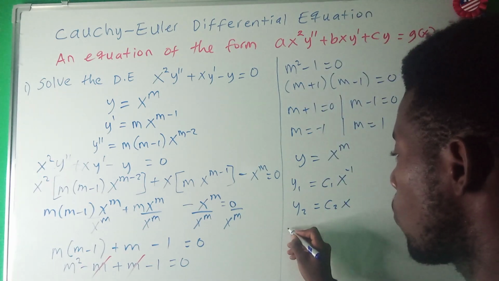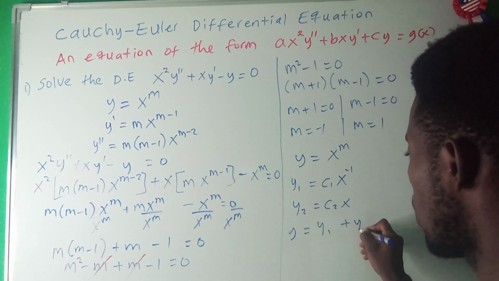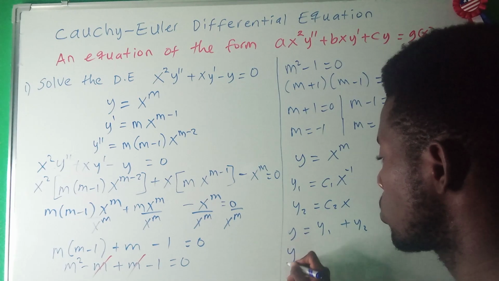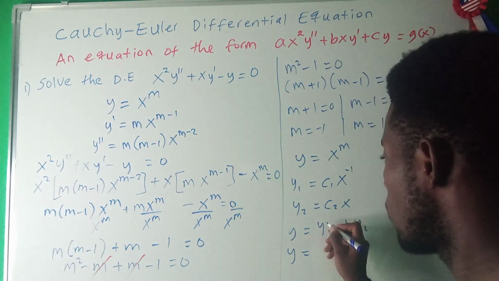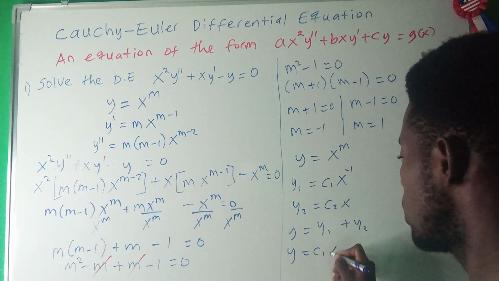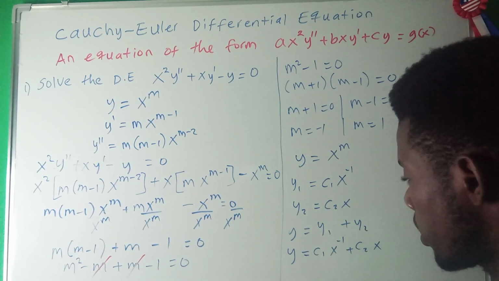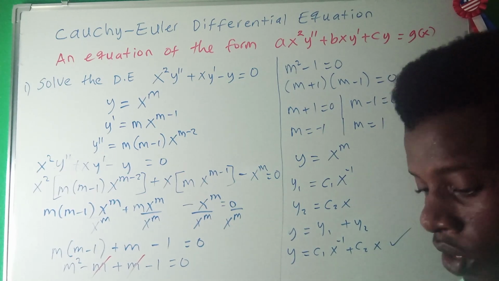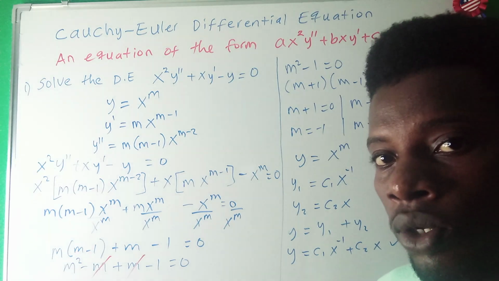So we have y is equal to y1 plus y2. So finally, the solution to this Cauchy-Euler differential equation is y equals c1 x to the power -1 plus c2 x. This is the general solution to this differential equation.